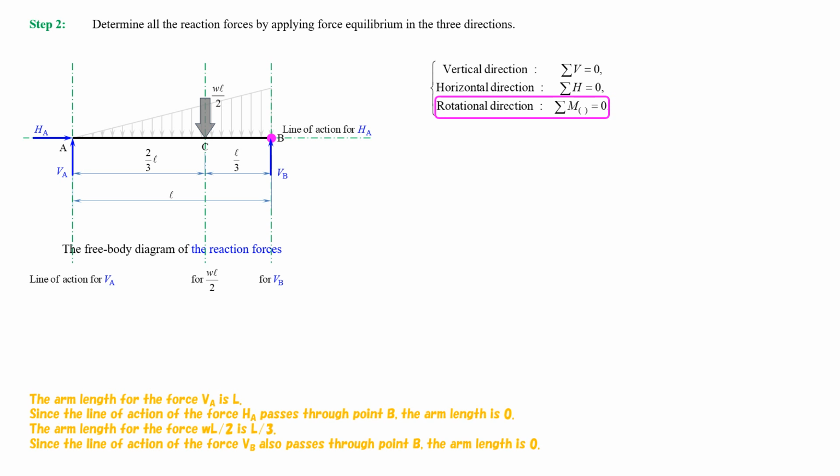The arm length for the force W multiplied by L and divided by 2 is L divided by 3. Since the line of action of the force VB also passes through point B, the arm length is 0.